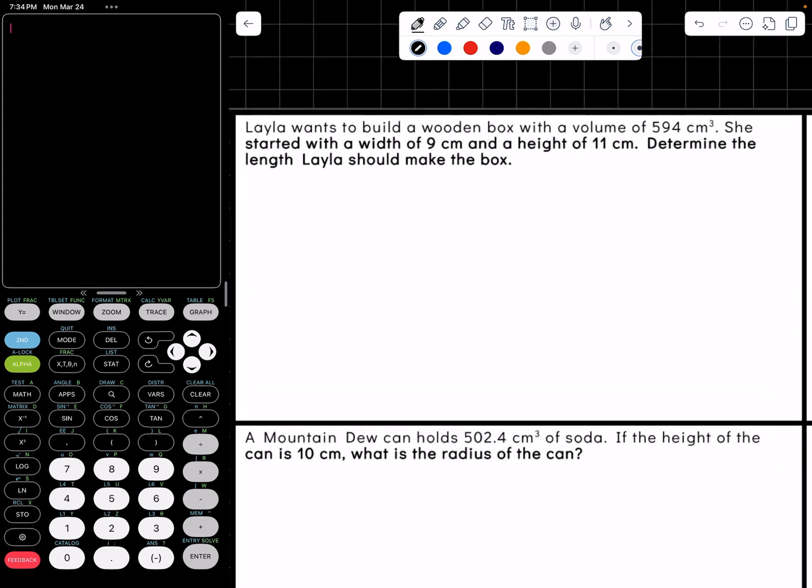Layla wants to build a wooden box with a volume of 594 centimeters cubed. She starts with a width of 9 centimeters, height of 11 centimeters. We're determining the length, okay?